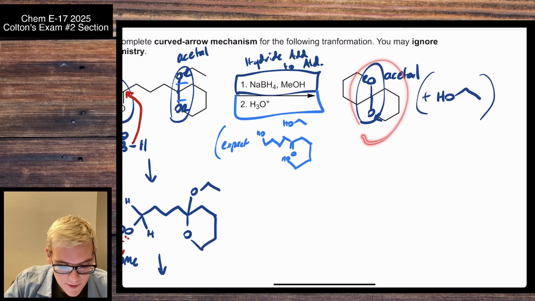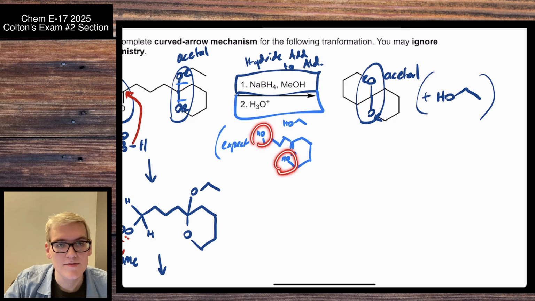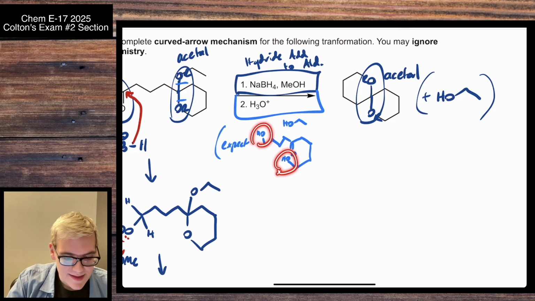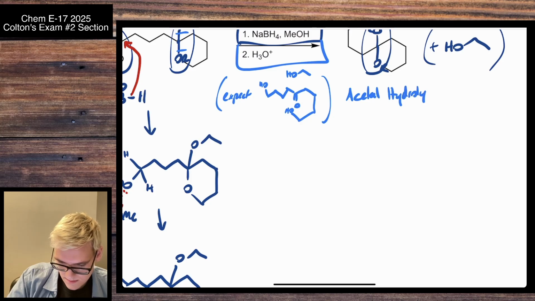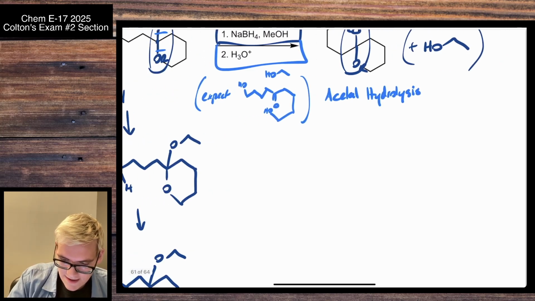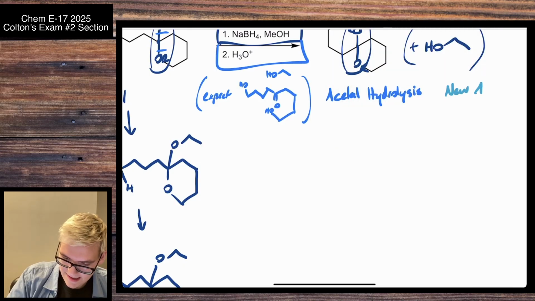So if we don't form the acetal with these two alcohols, our only other real option is to use these two alcohols and do an intramolecular acetal. So let's keep that in mind: our acetal hydrolysis, and then a third color, which is going to be our new acetal formation.